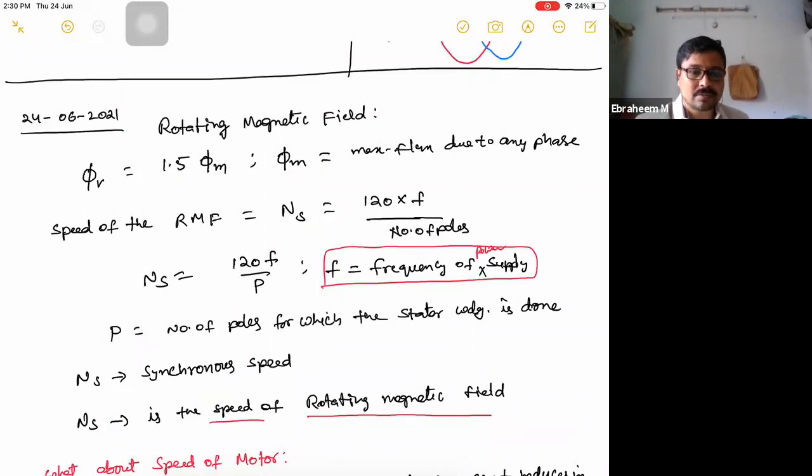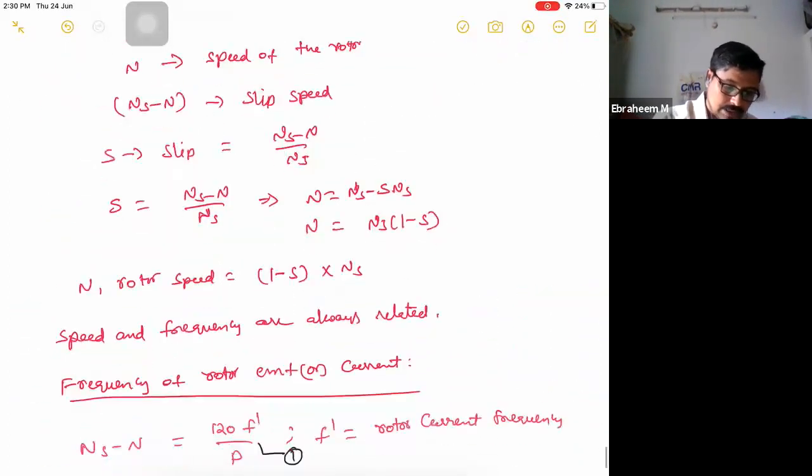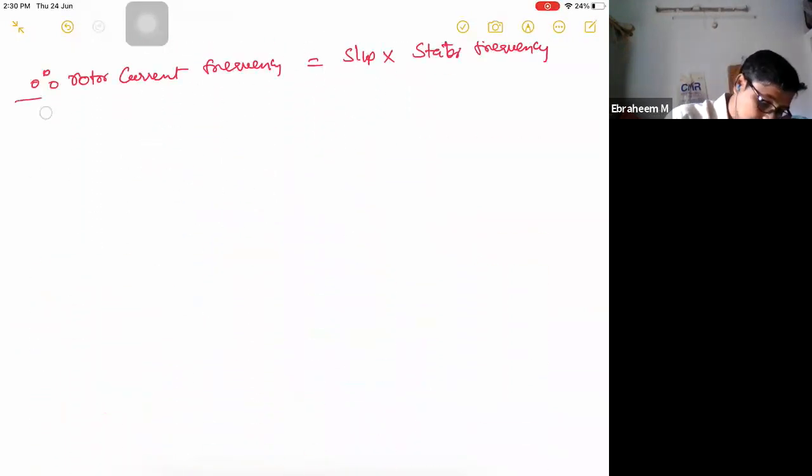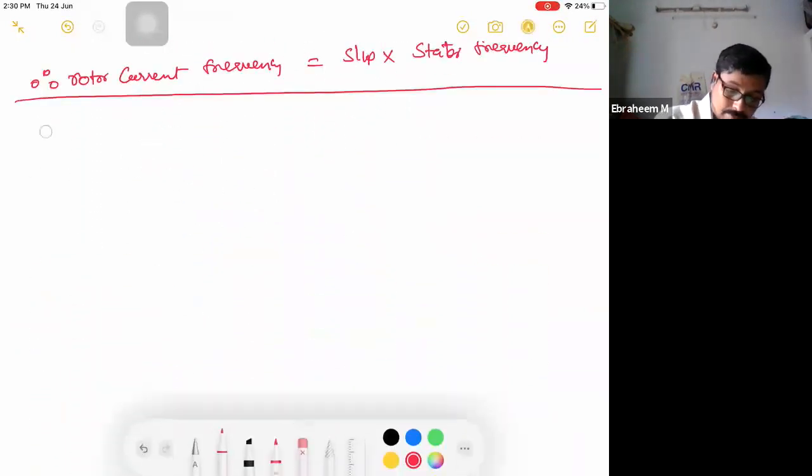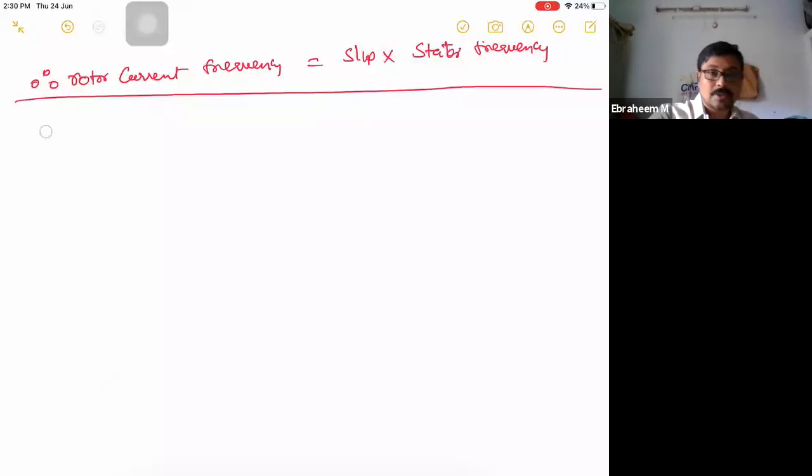Let us do a simple problem on this slip and frequency of rotor. So note down a problem.